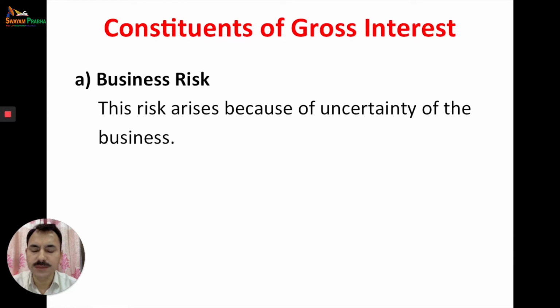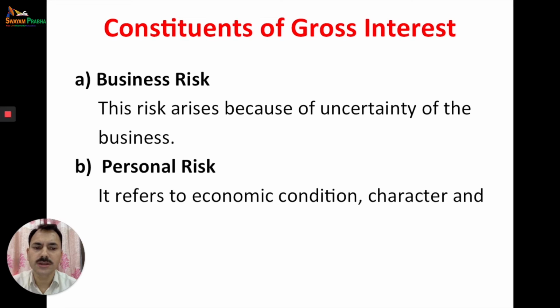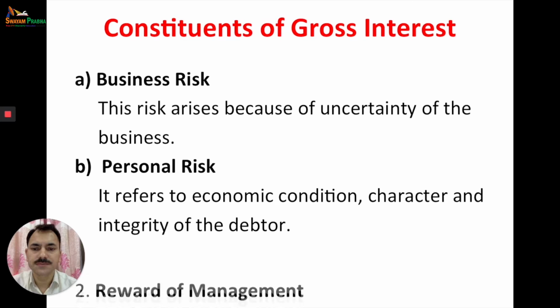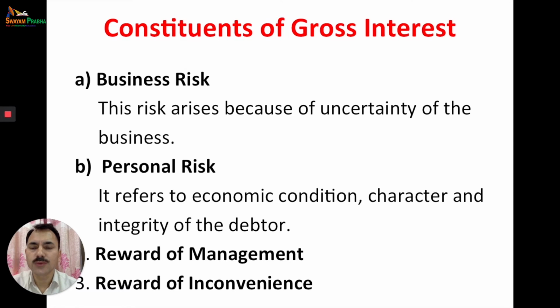There is a lot of uncertainty in business, maybe uncertainty due to price, due to trade cycle, inflation or deflation, and maybe some other reasons. So business risk includes some uncertainty of the business, and gross interest is the reward for this business risk. Personal risk refers to the economic condition, character, and integrity of the debtor. Then the reward for management, and it also includes the reward for inconvenience.